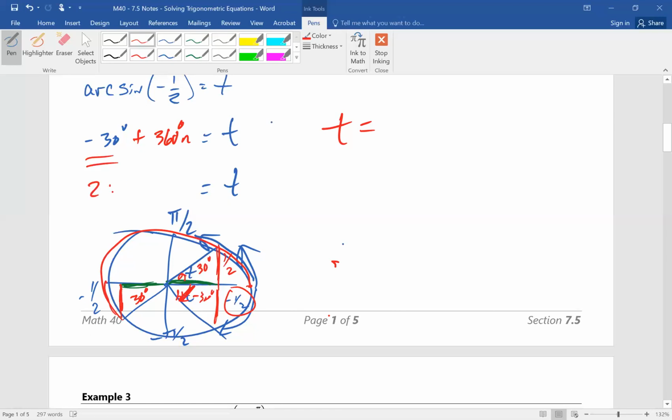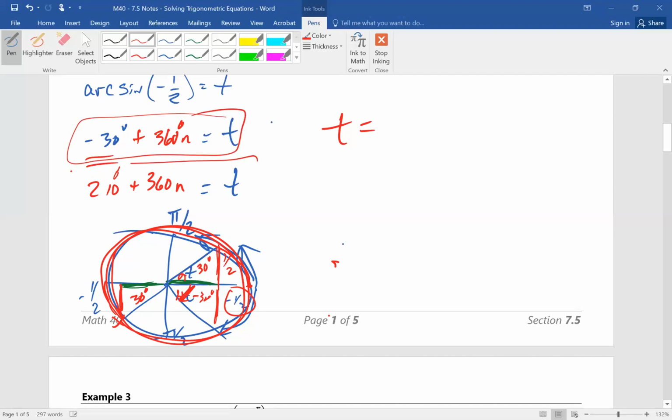So this is going to be 210, in other words, 210 to here, which gives me my negative 1/2, plus however many times, that's 360, another 360. So notice you could do it this way. Those two are your answers, and they account for all the solutions.